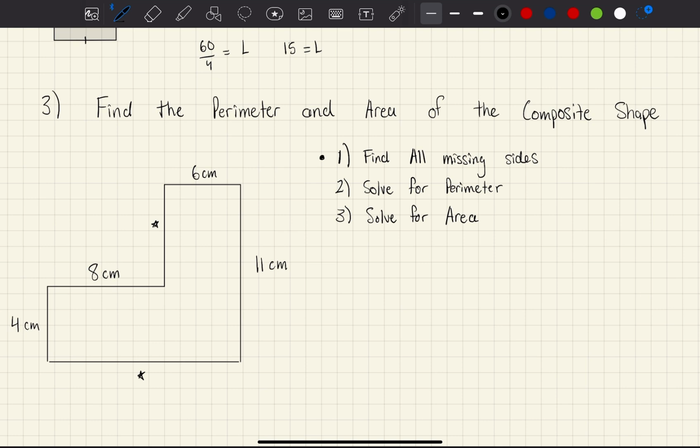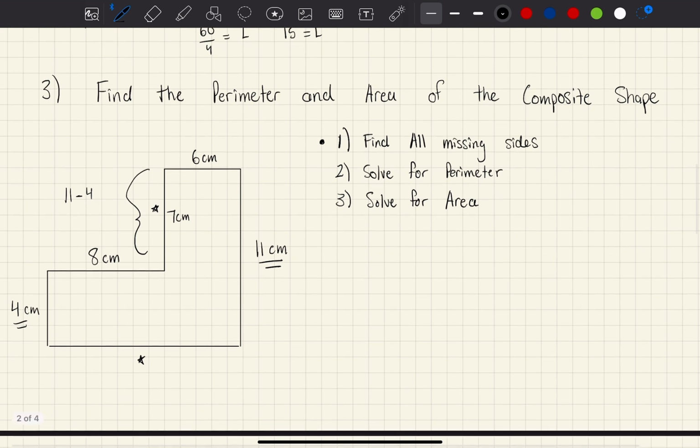If we know on the right-hand side here, we're given 11 centimeters, and we have 4 centimeters here. So this missing side here is going to be 11 minus 4 to make up that difference. If we subtract 4 from 11, we're going to get 7. So we can write 7 centimeters.